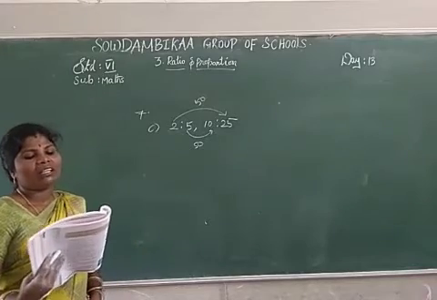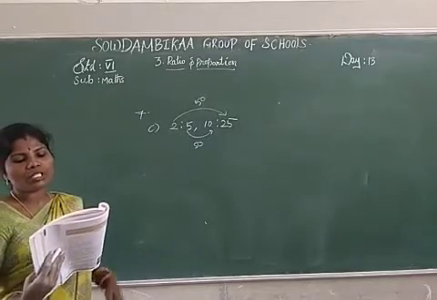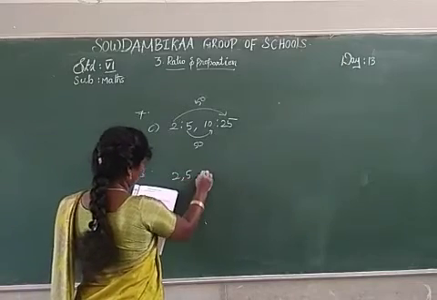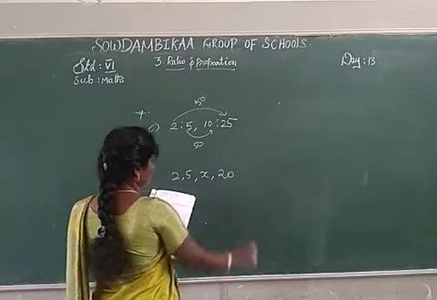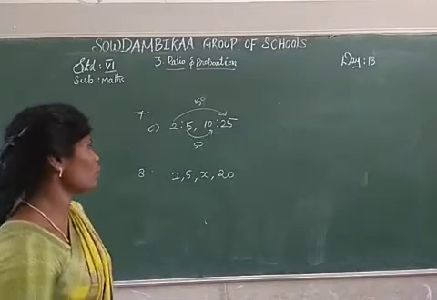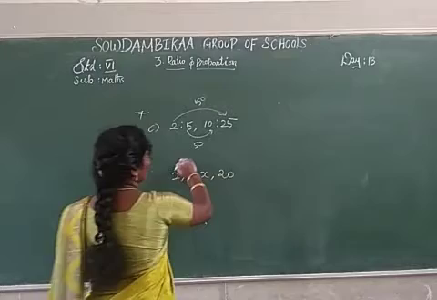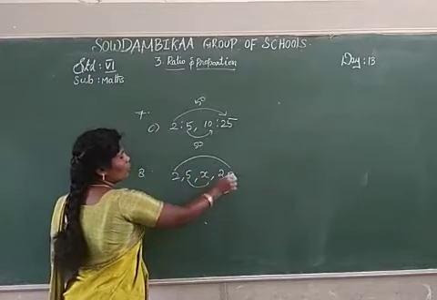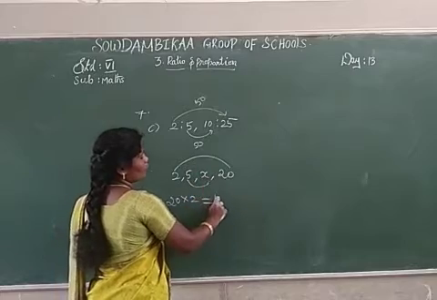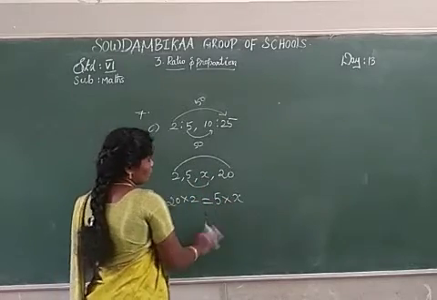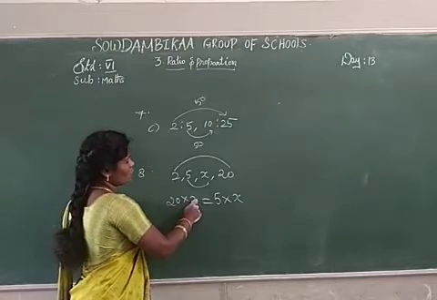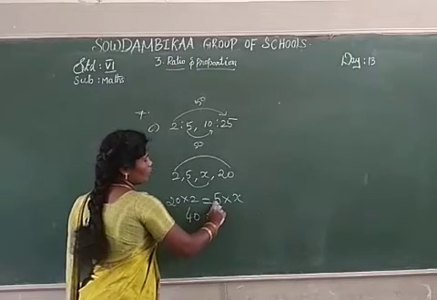Question 8: If the ratios formed using the numbers 2, 5, x, 20 in the same order are in proportion, then what is x? Now take the product of extreme terms equal to the product of mean terms, because the question says proportion. 2 20s are 40 equals 5 into x.